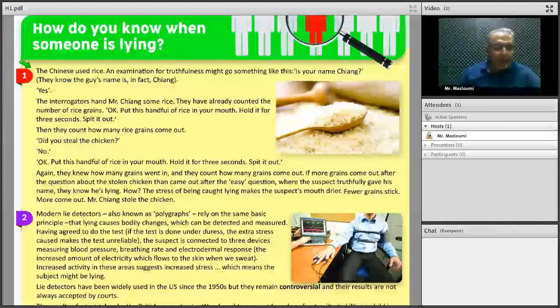An examination for truthfulness might go something like this. Is your name Chang? So, an examination for truthfulness, to discover, to find out whether someone is telling the truth, they did this.